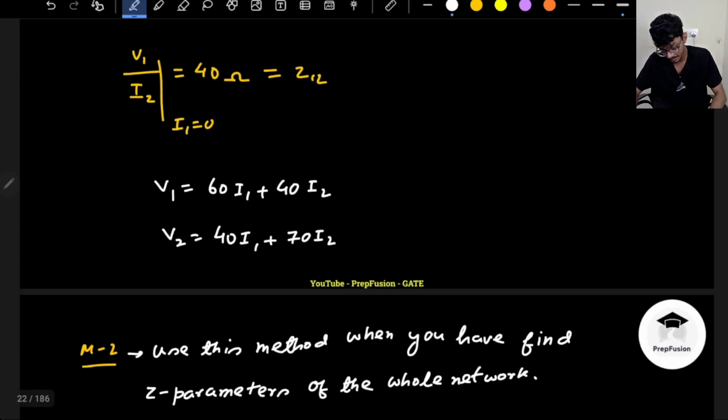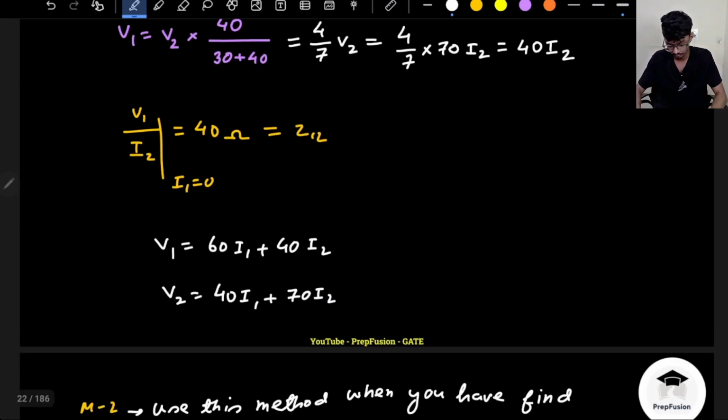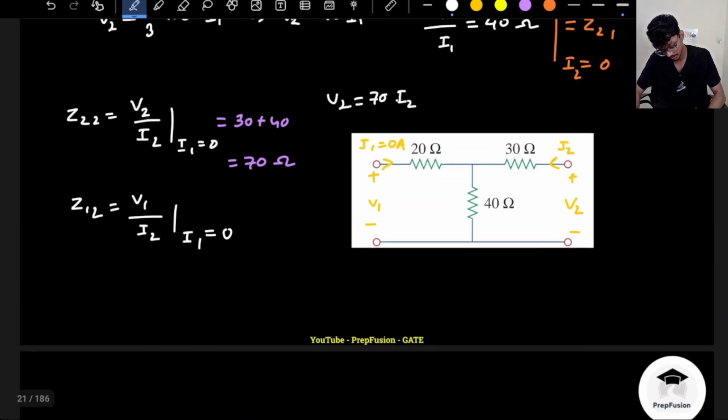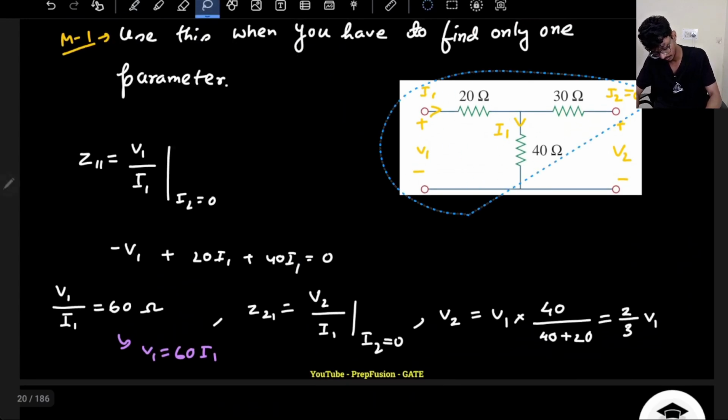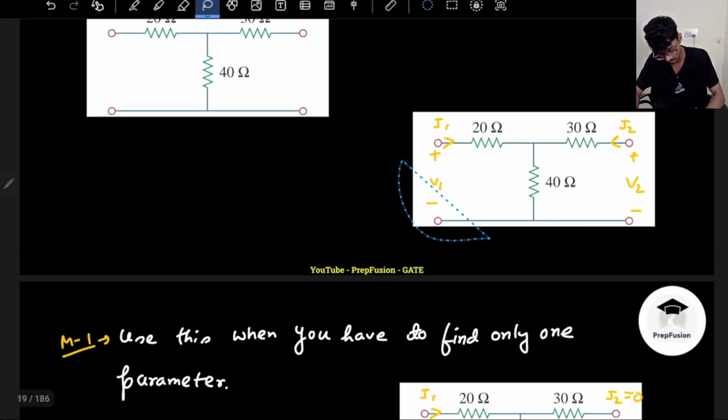So I will solve using the second method. Okay, so basically I have to find all the parameters. If I have to find all the parameters, I will use simple KCL and KVL. So I will copy the initial network.